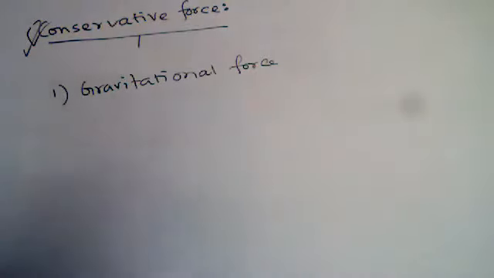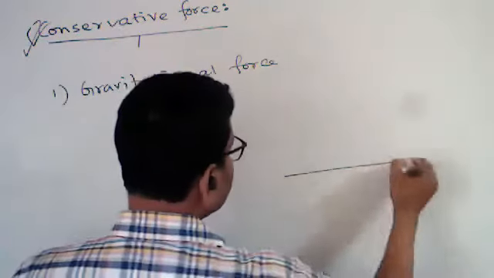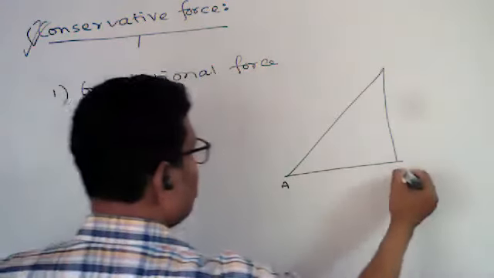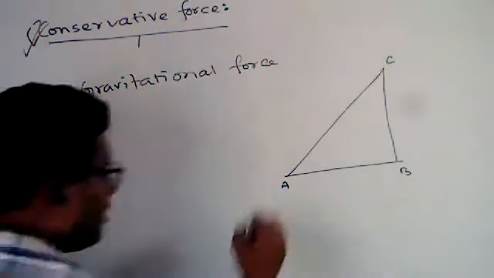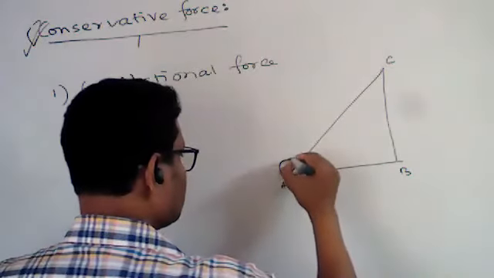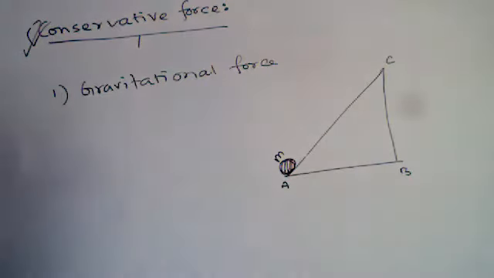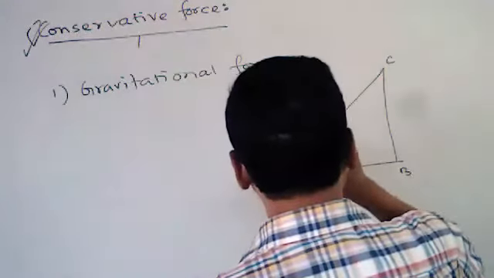Okay. Gravitational force. Suppose that is the path, with points A, B, and C. There is an object here. The mass of the object is m, and it travels along this direction.